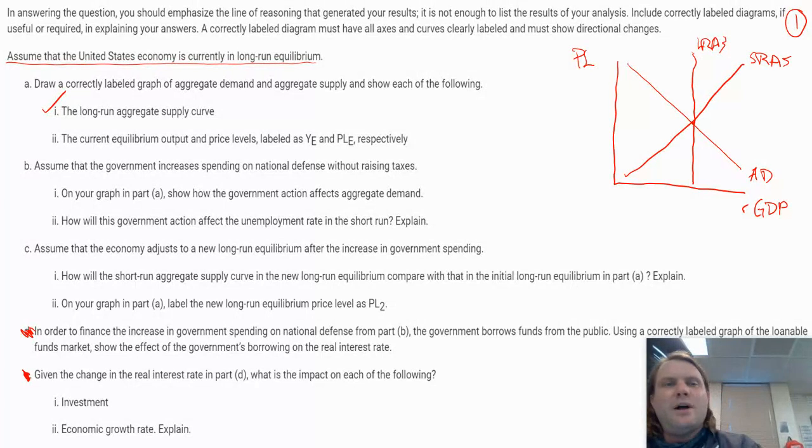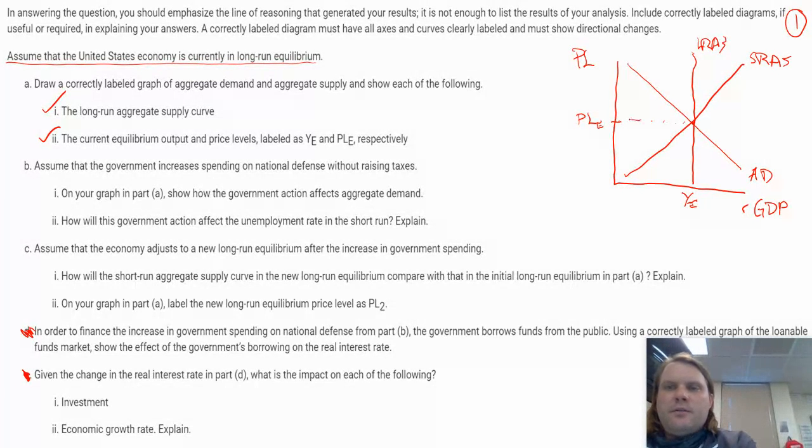We've got to label our output levels, and they say Y_E, and price level P_E. If you put a little dotted line through there, that's completely fine to show some clarity, but you don't necessarily have to. But I'm going to.